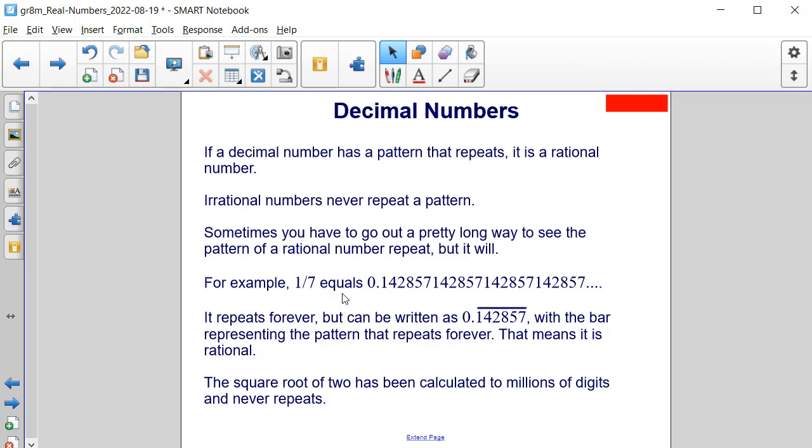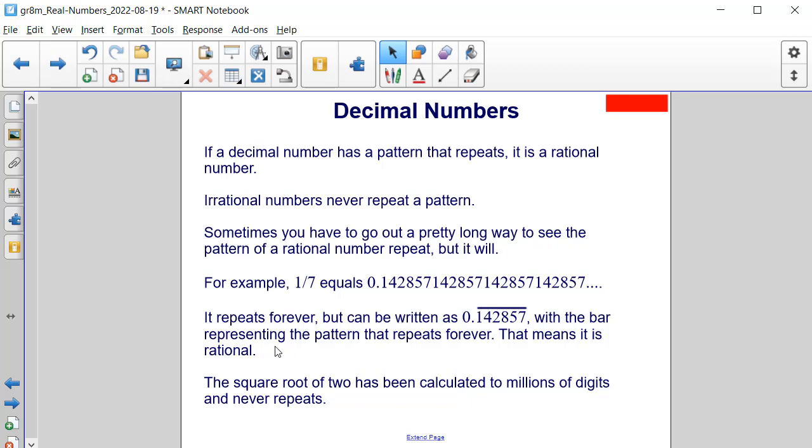For example, 1/7 is equal to 0.142857, 142,857, 142,857, 142,857, and so on. It repeats forever, but can be written as 0.142857 with a bar over top of it.